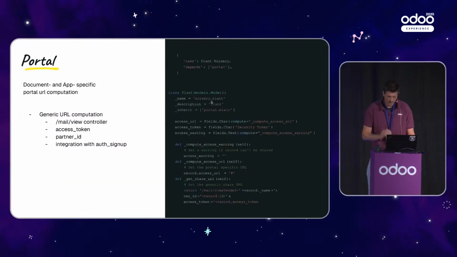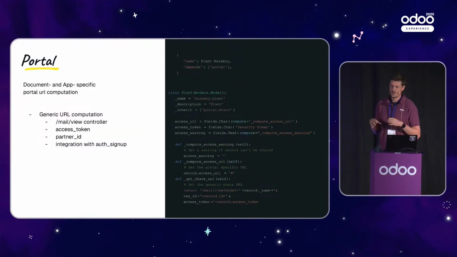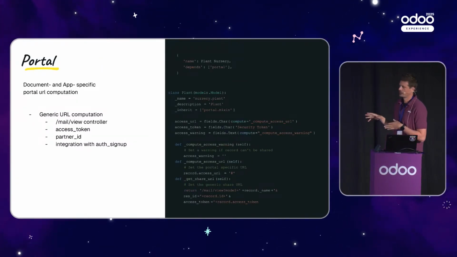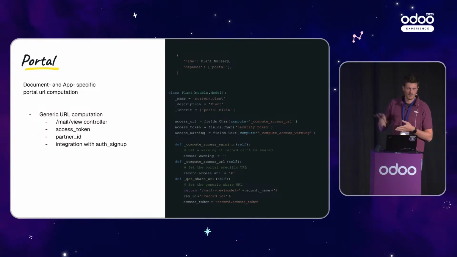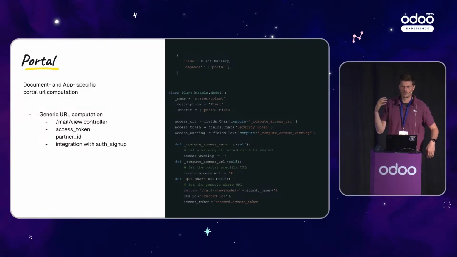Sorry. So about the portal, that's also a really interesting mixin. Perhaps the furniture is not really the best example, but I will give you a real example in Odoo. In Odoo, we use that, for example, for your subscription or for your sale order.